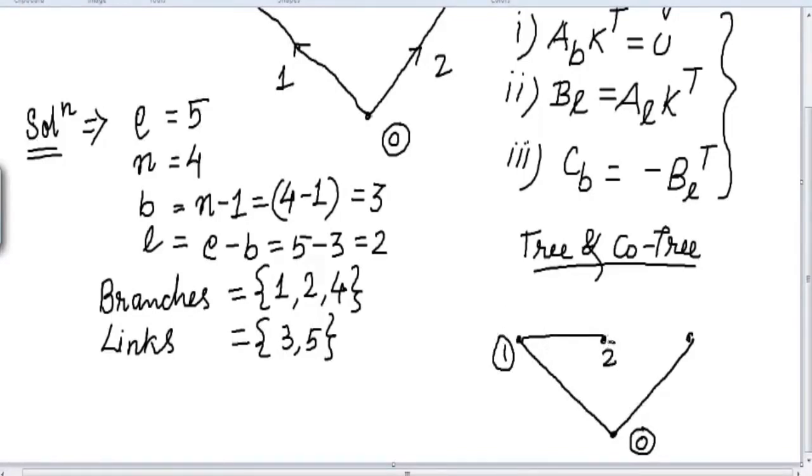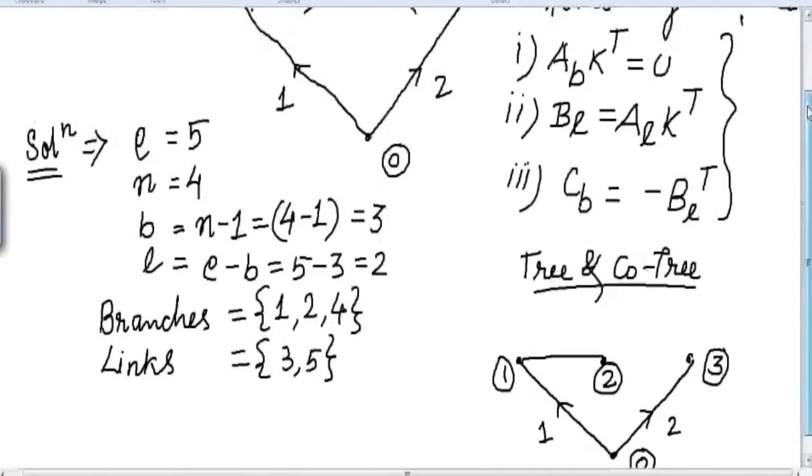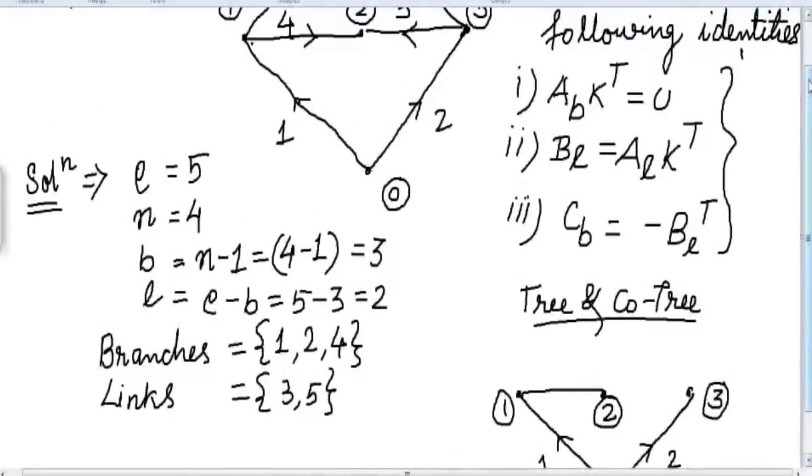This is node number 2. And this is node number 3. See, I have taken 1, 2 and 4. Let us check the direction of 4 as it is provided in the problem. Don't change the directions as per your choice, otherwise you will end up with a wrong solution. Okay, so these are our branches.